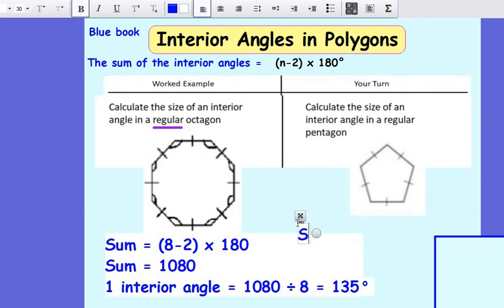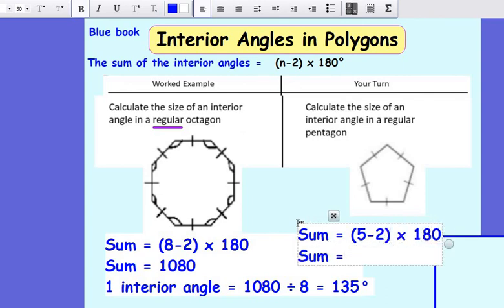Okay, let's go through the answer. This time the sum is going to be 5 take away 2 times 180. So the sum of those interior angles is 3 times 180. 3 times 180 would give me 540.